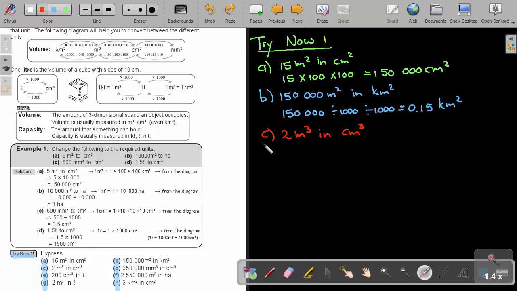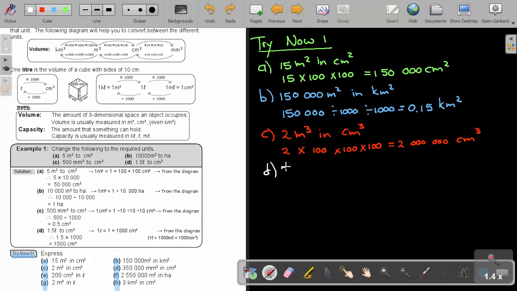So basically, I take that 2 and multiply by 1,000,000. And that is going to give me 2 million cubic centimeters.